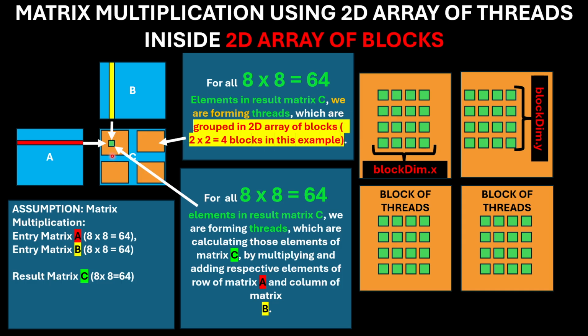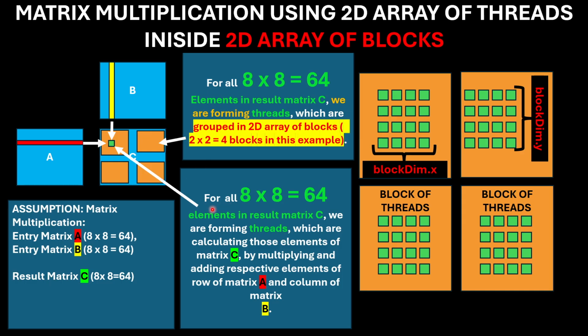So in this example we have 2 times 2, 4 blocks: 2 blocks in the x direction and 2 blocks in the y direction.